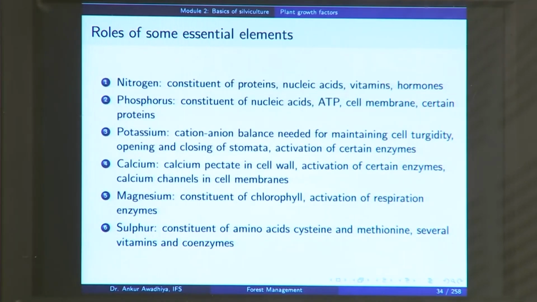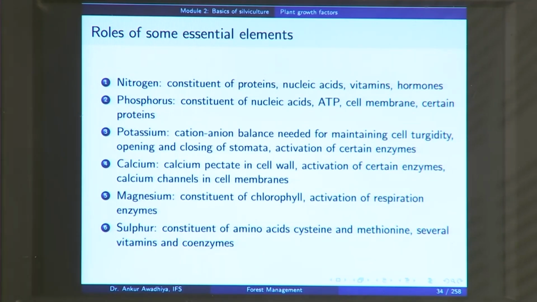Similarly, phosphorus is a constituent of nucleic acids, ATP, which is the energy currency of cells, the cell membrane and certain proteins. So, the plants require phosphorus. Potassium is required for cation anion balance, which is needed for maintaining the cell turgidity.